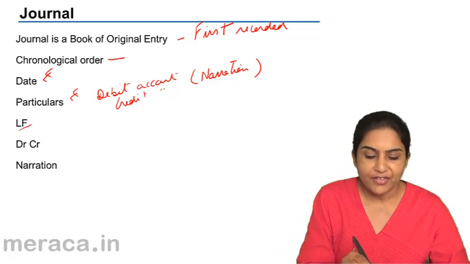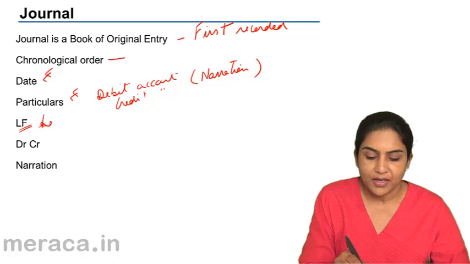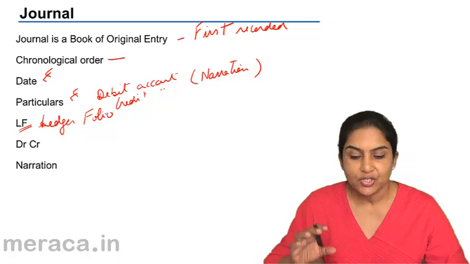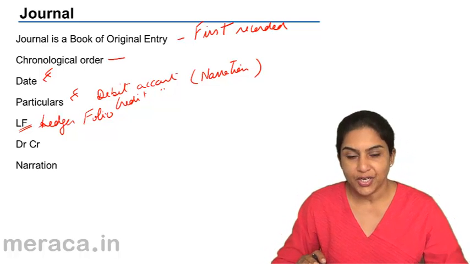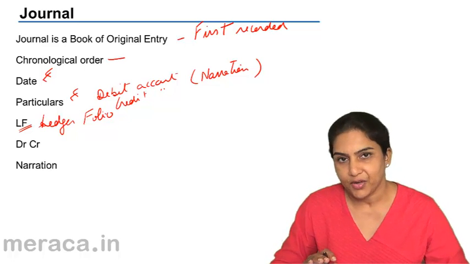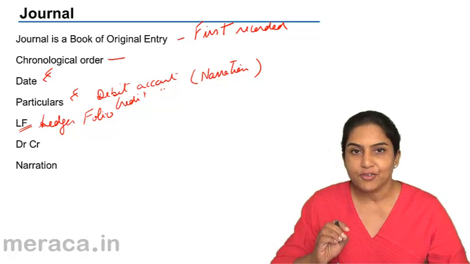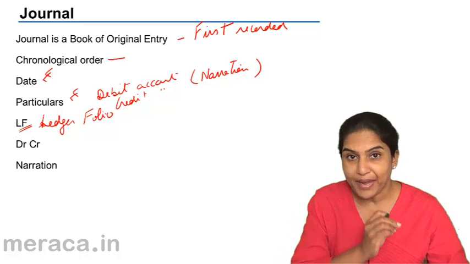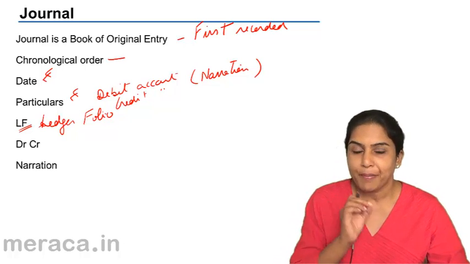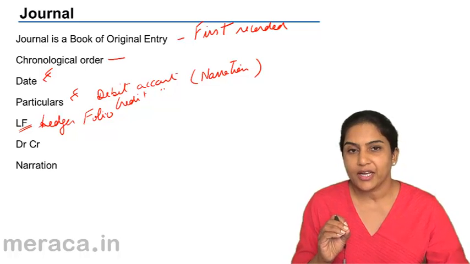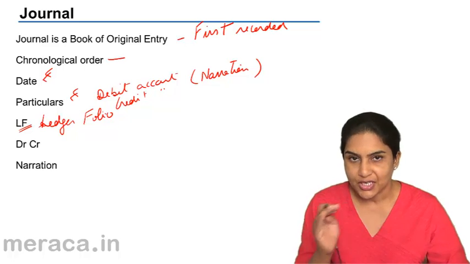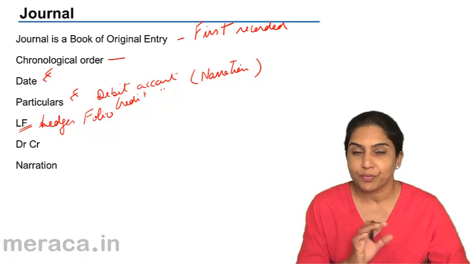We also have something here called the ledger folio. Actually, the transactions, once they are entered in the journal, are then classified in what is called the ledger, and ledger folio is nothing but the reference of that page number. Folio is the page number of the particular ledger account to which this transaction is going to be posted, related, and linked.